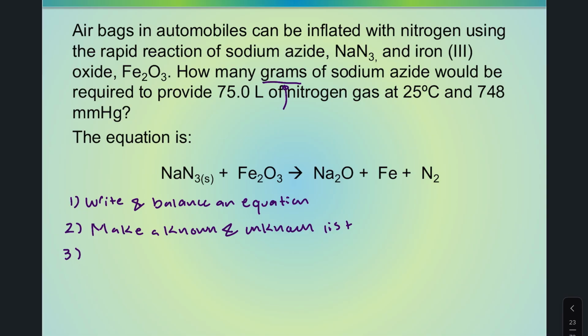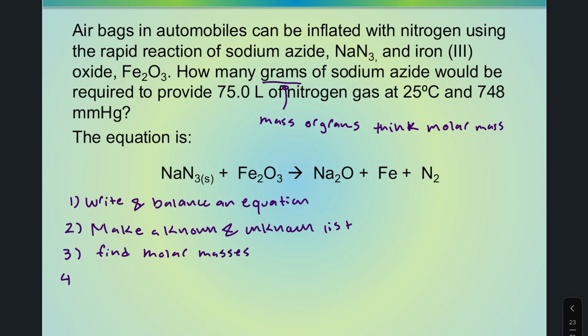If you see something that says mass or grams, think molar mass. That should be the first thing that you think if you see mass or grams. So find molar masses.